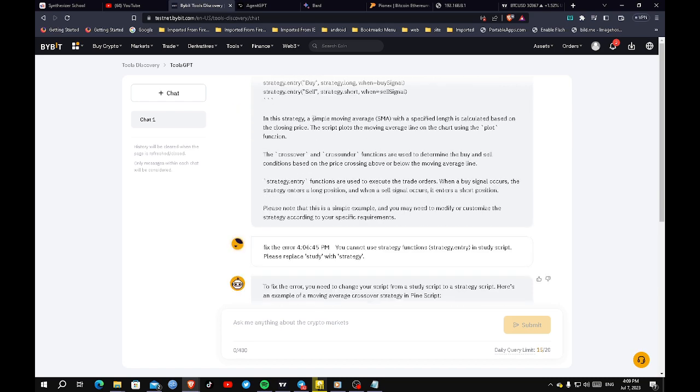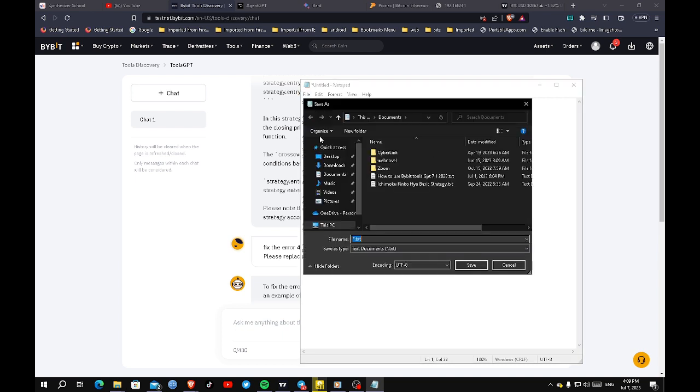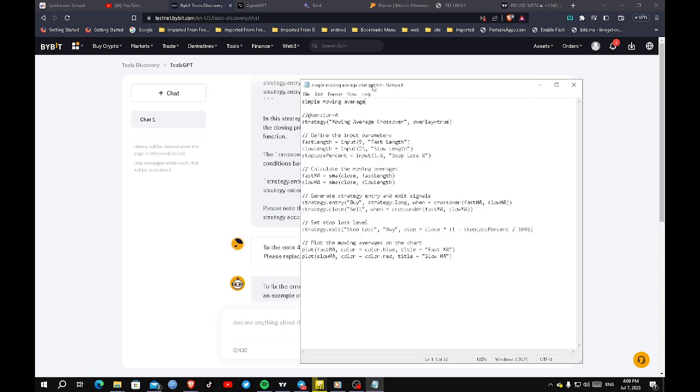Okay, simple moving average trading strategy, that's how you call it. And just add ChatGPT to it.